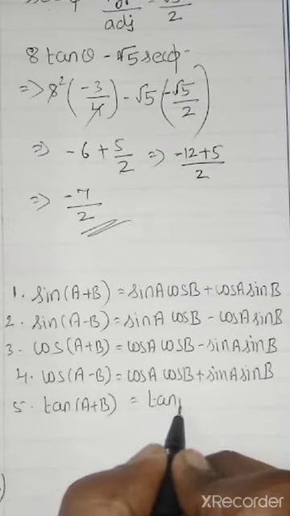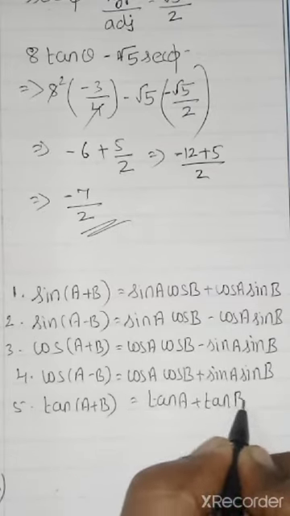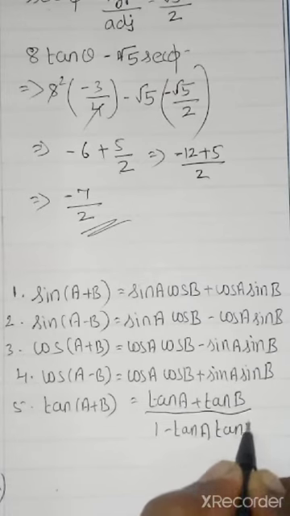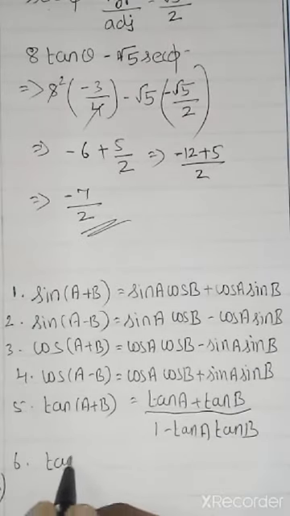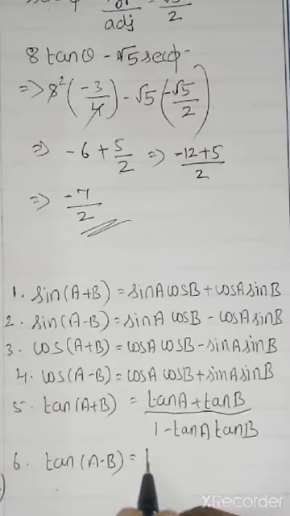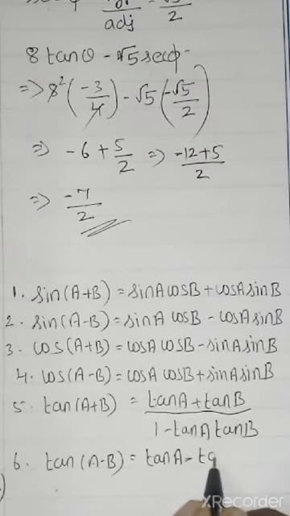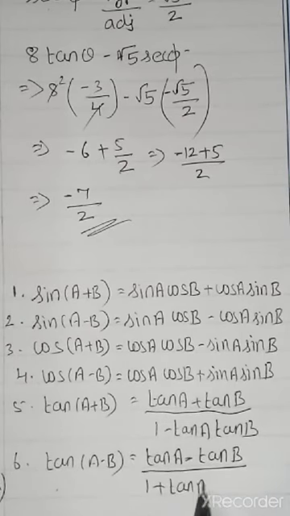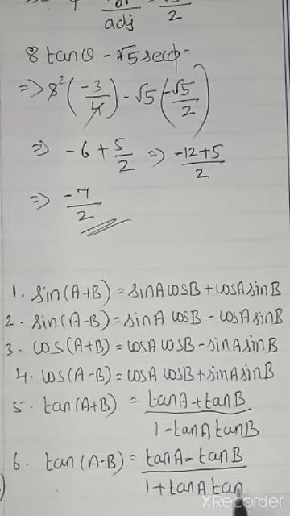So tan A plus B is tan A plus tan B by 1 minus tan A tan B. And the last one, tan A minus B. So tan A minus B is tan A minus tan B by 1 plus tan A tan B. Okay, these are the basic formulas, and using these we can find the trigonometric ratios of multiple angles also.